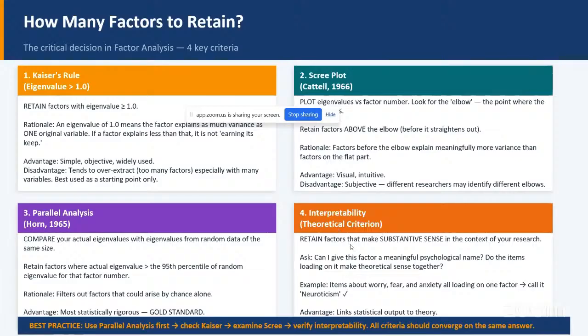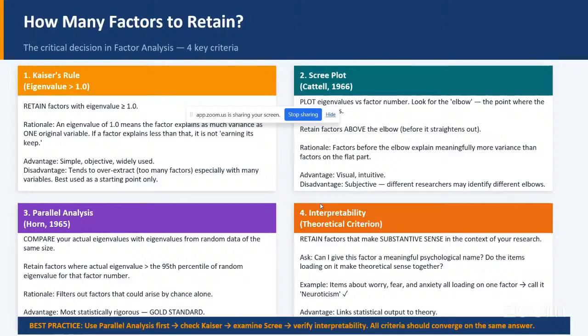Okay, interpretability. What is the idea of this? Retain factors that make substantive sense in the context of your research. The question is: can I give this factor a meaningful psychological name? If you have a factor, you can think that these variables can be under this one factor, but can they make a group?